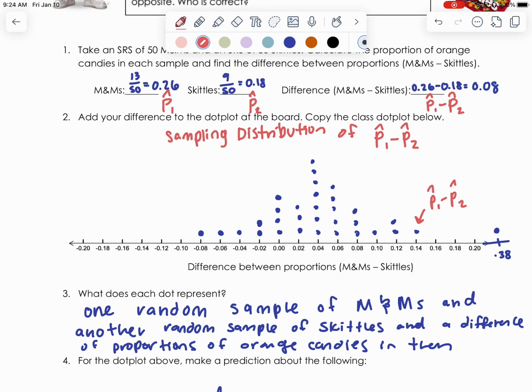What I said was one random sample of M&Ms and another random sample of Skittles, and the difference of proportions of orange candies in them. You could say something similar to this. What I really want you to understand is that a dot in this dot plot is one sample, and this difference in proportions from that sample. Technically 2 samples, but for one group.